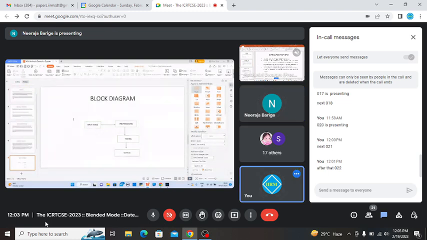Okay, filter, what is the name of the filter? Please tell me the name of the filter.